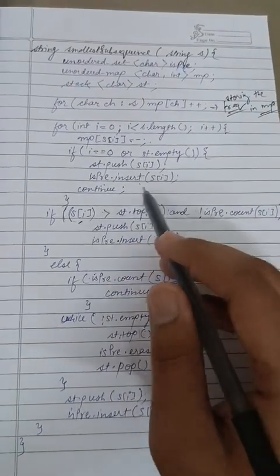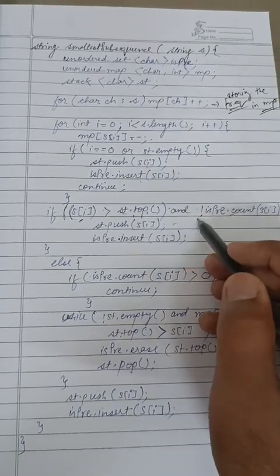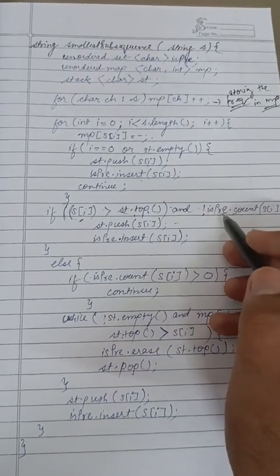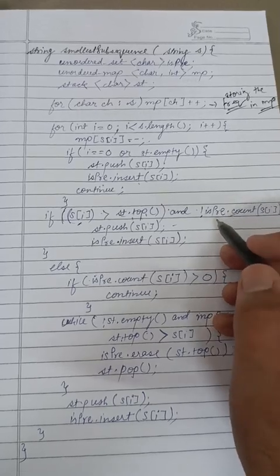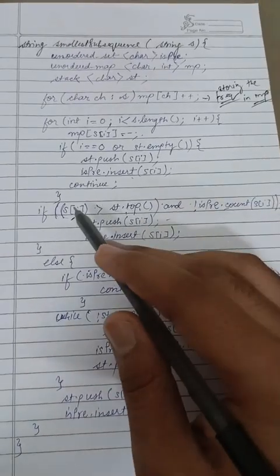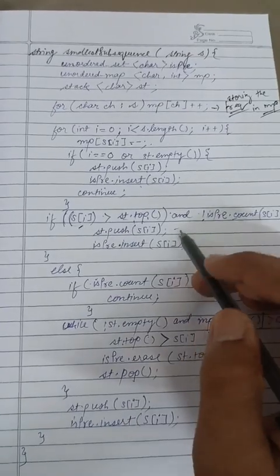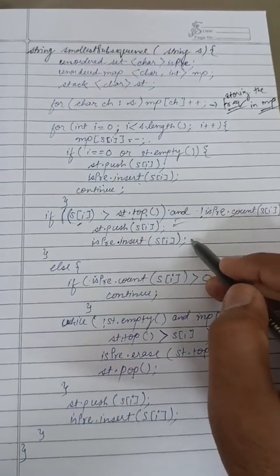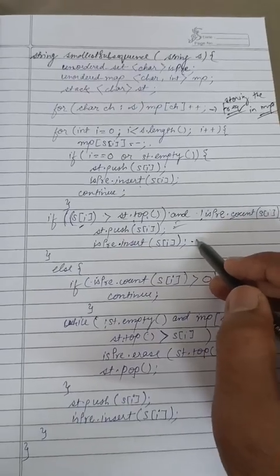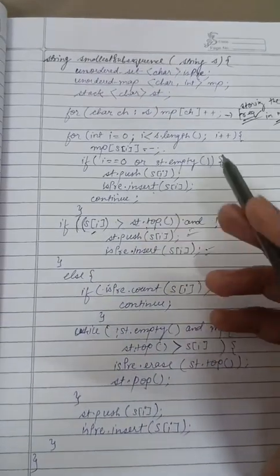If these two conditions are met, I will insert it into the stack. That means till now I have not encountered the element s of i, and it is also greater than the topmost element of the stack. So I will simply push it into the stack, mark it as visited in the set, and then continue.